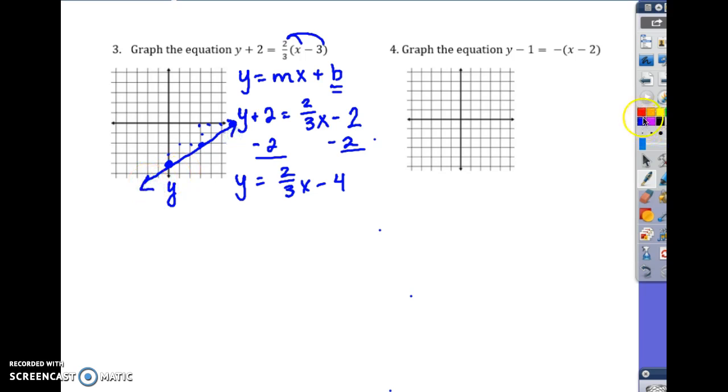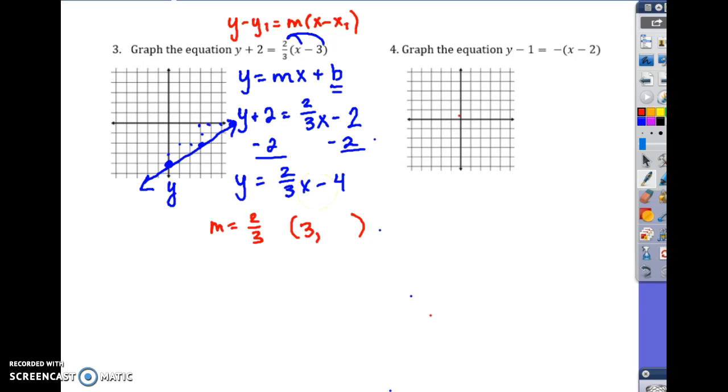Now the other way I could have done it, if you notice, this is actually already in point-slope form. So I'm going to write that right there, x minus x sub 1. Looking at that, the slope jumps right out. M is 2/3. And the point that could be used for point-slope form would be x sub 1, which is positive 3.